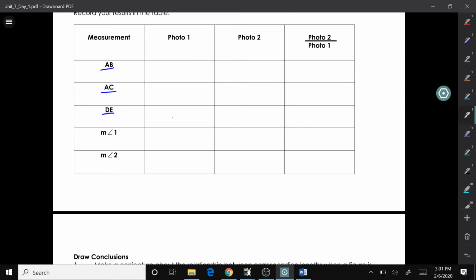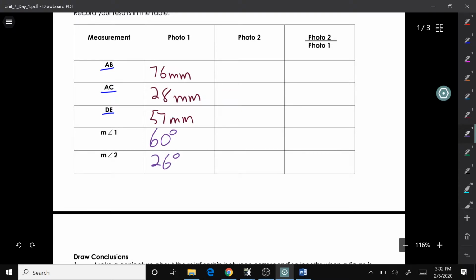For AB in photo 1, that was 76 millimeters. AC was 28 millimeters. DE was 57 millimeters. And the angles, I used a protractor to measure, and I got 60 degrees and then 26 degrees.